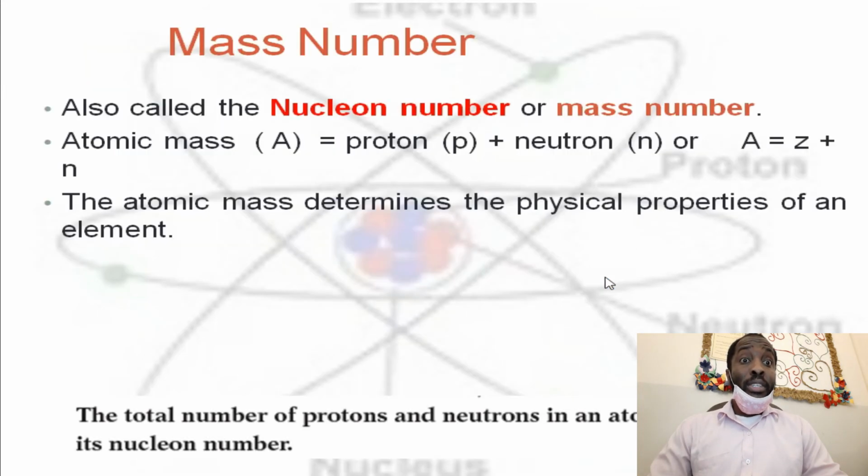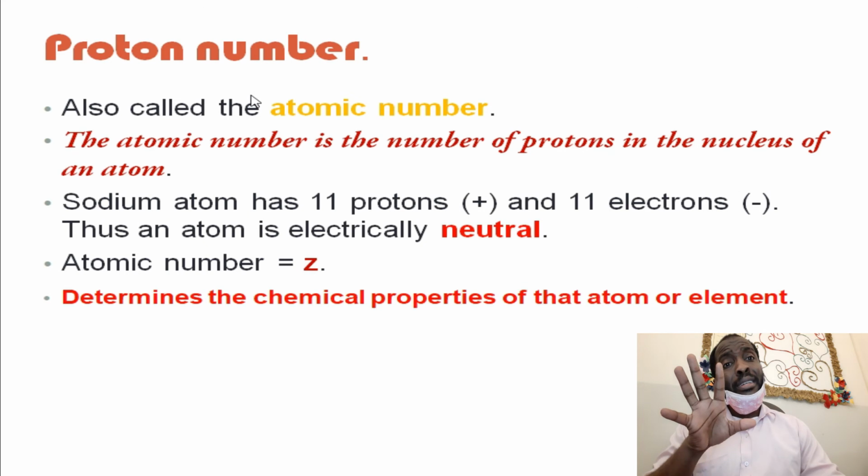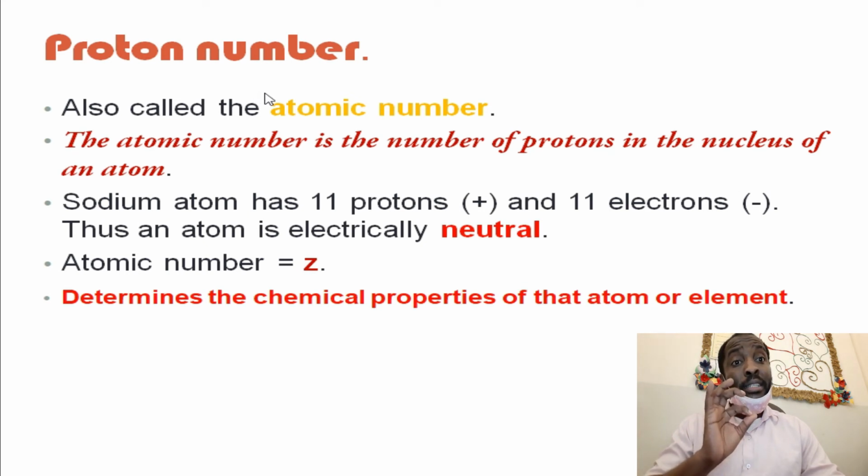The atomic number is also known as the number of protons, or the proton number. The atomic number is the number of protons in the nucleus of an atom. And this number is also equal to the number of electrons in a neutral atom. The atomic number determines the chemical properties of that atom.